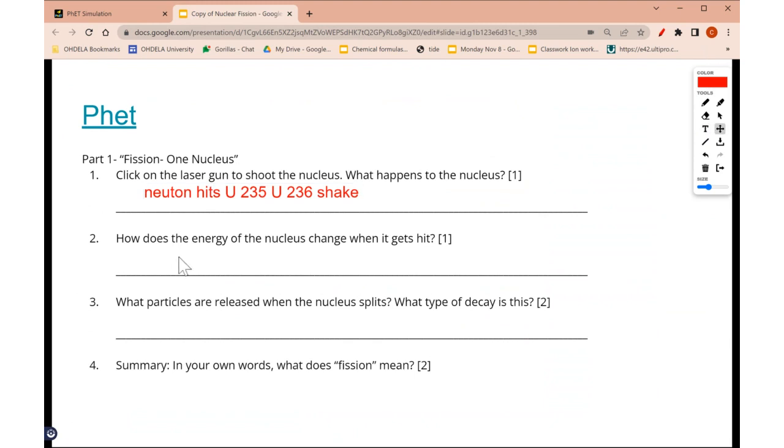The energy goes up, energy increases, and the particles that are released when the nucleus splits are the 3 neutrons that we observed. Released.